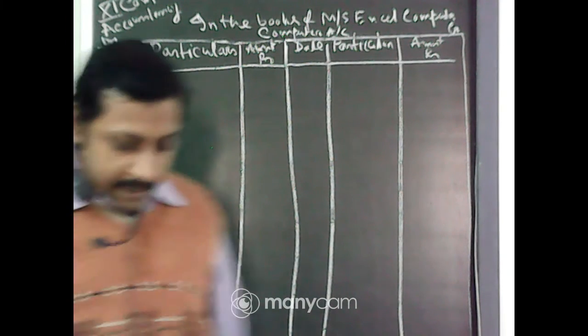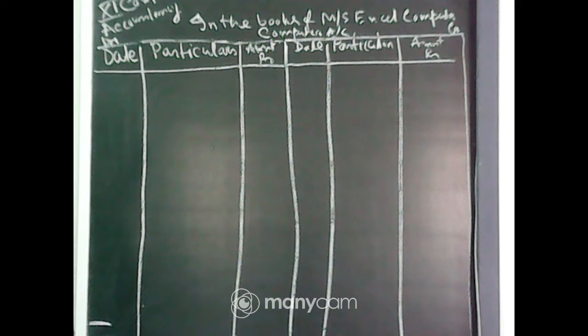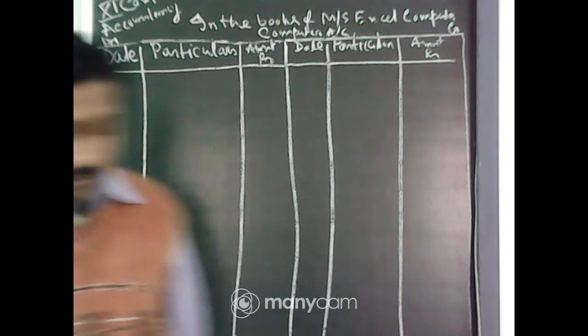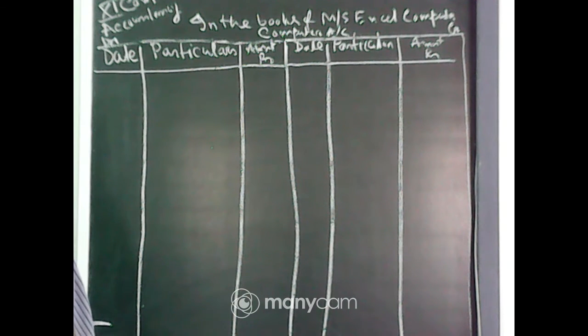Now just start. Messrs Excel Computers has a debit balance of rupees 50,000. Debit balance means an asset always has a debit balance, whose original cost is 1,20,000. Why is the original cost given? Because in straight line method we have to charge depreciation on the original cost of the machine.